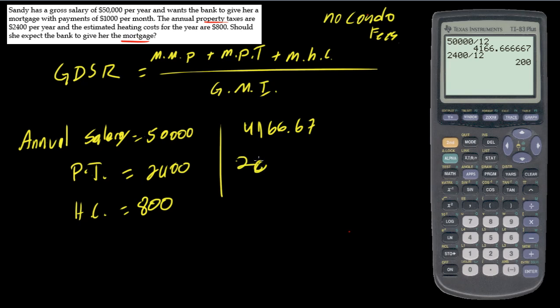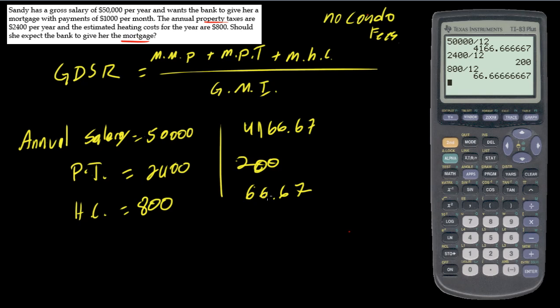And we should get our last one, 800 divided by 12, which is 66.6 repeating. I'm not going to put repeating because I want to have it as 2 decimal places. That's perfect. Okay, so we have monthly, monthly, monthly now.